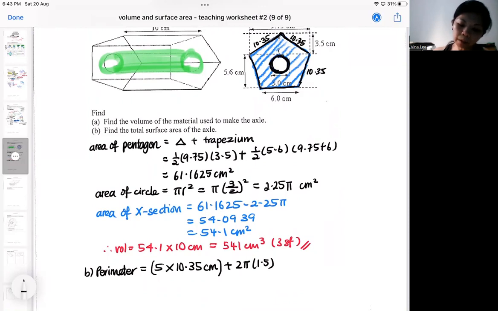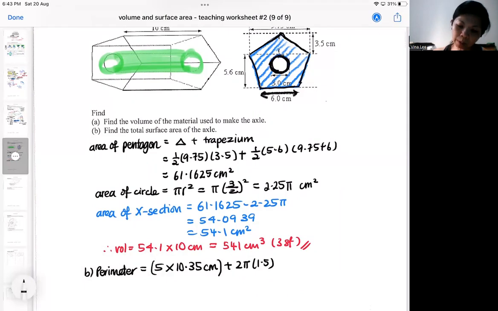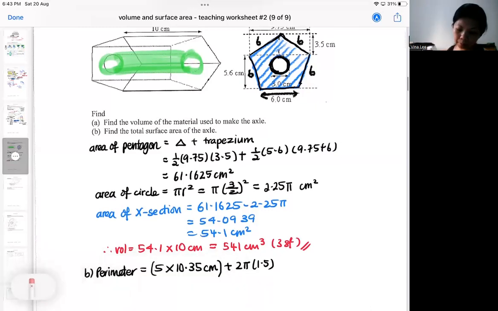Oh, sorry, it's not 10.35. It should be 6. So if this is a 6 and it's a regular pentagon, all these will be 6. Okay, my mistake.